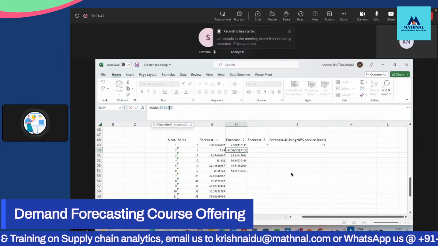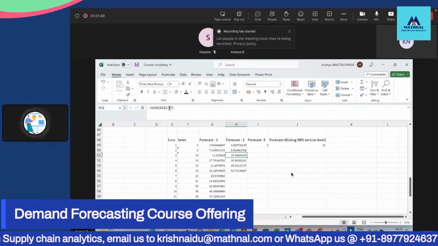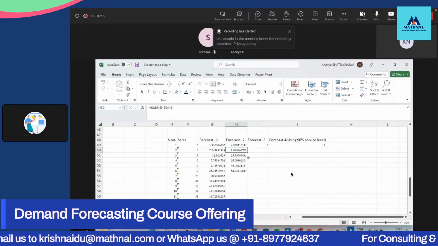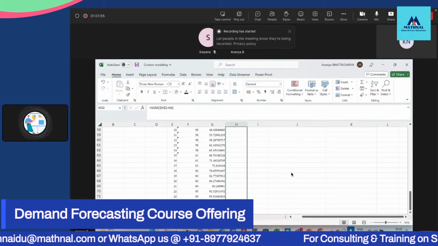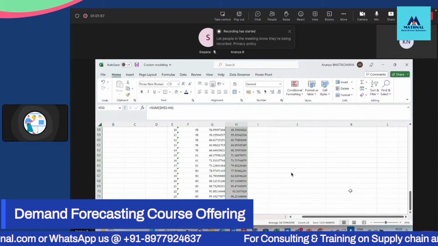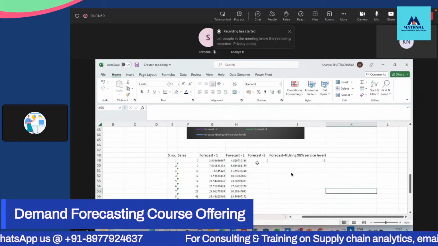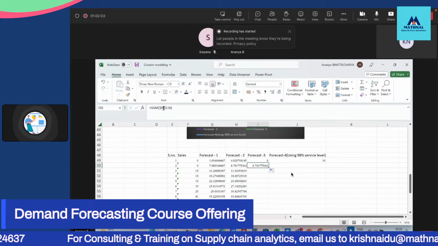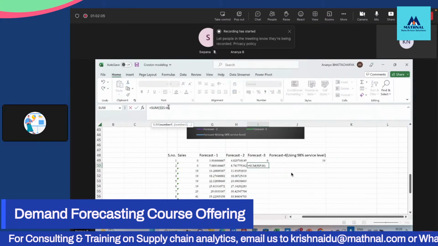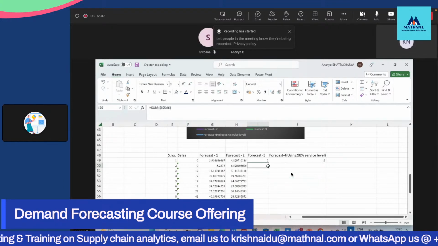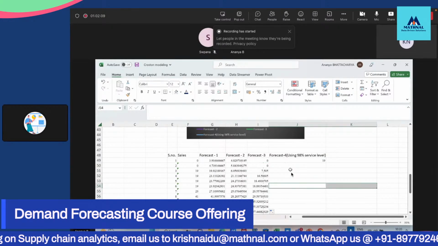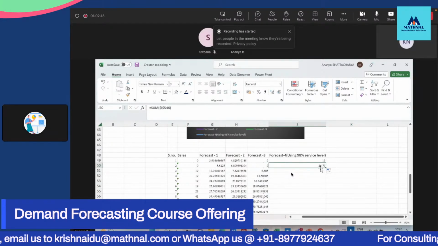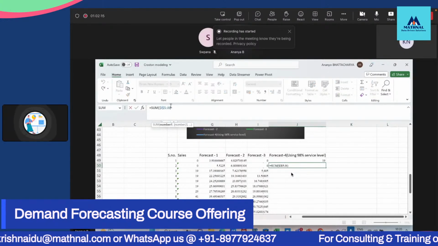I want this to be H5. So, Sapna, why are you building this cumulative graph? So H5.